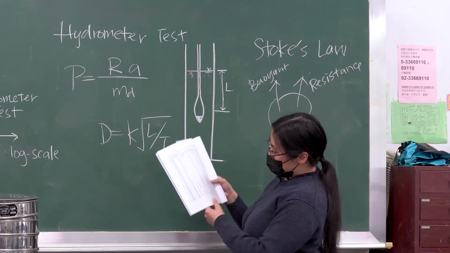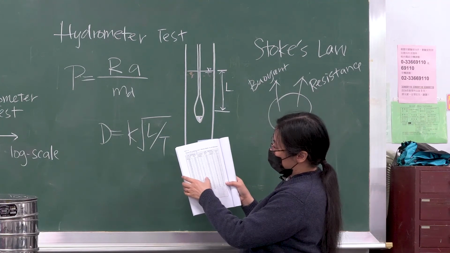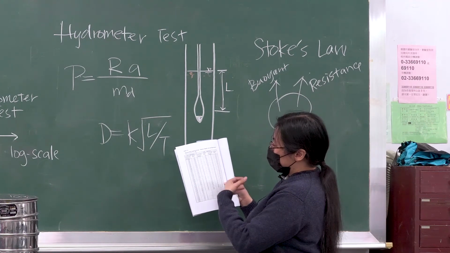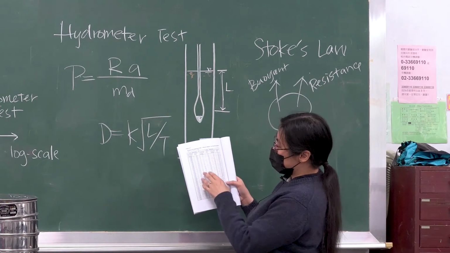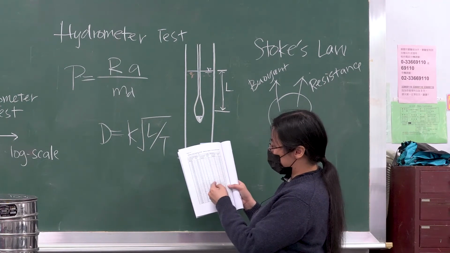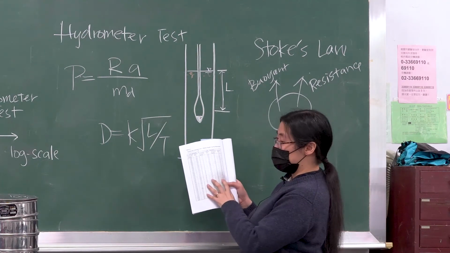So on page 18, we have a table that allows you to make a correction for that. What you have to do is, based on whatever hydrometer reading you have, figure out the effective depth from the table.